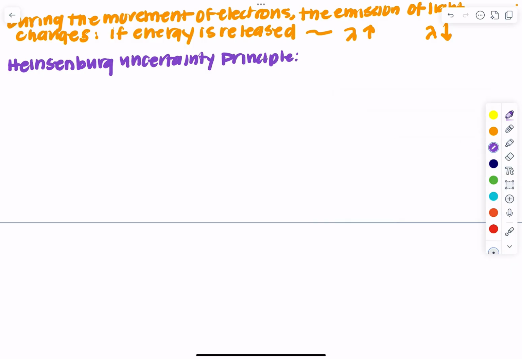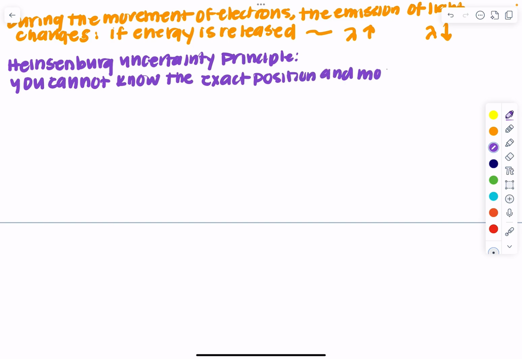And he said, in very short terms, that you cannot know the exact position and momentum of a particle at the same time.